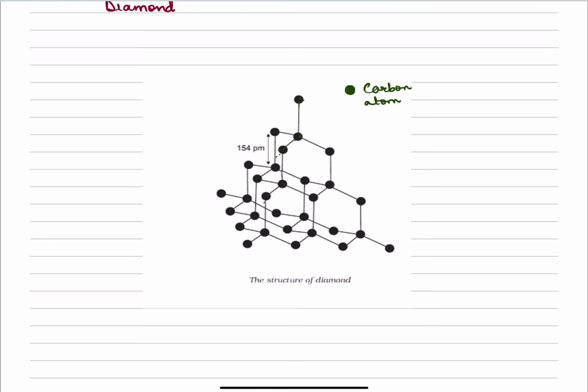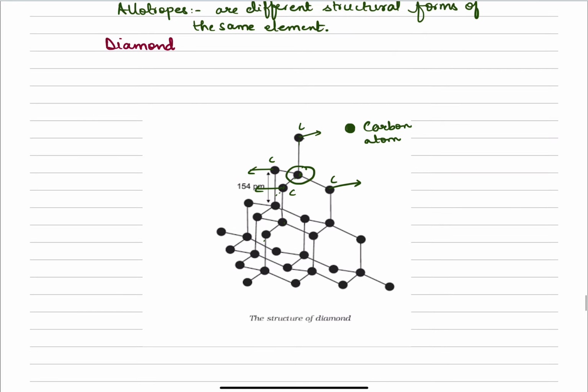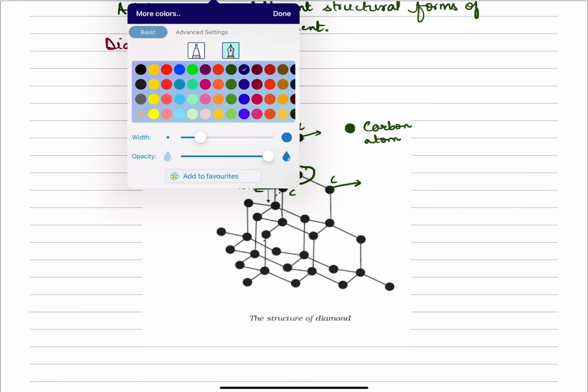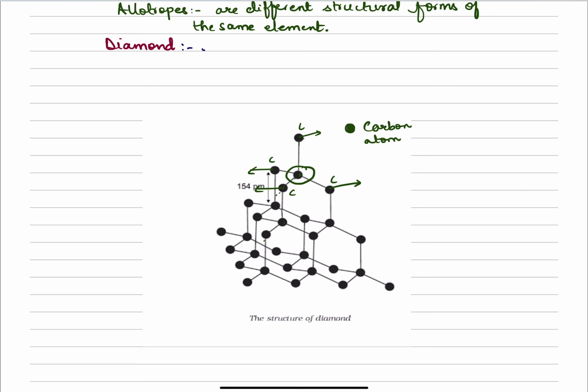If I look at one carbon atom, each carbon atom in diamond is covalently bonded to 4 other carbon atoms: 1, 2, 3, 4. So if I have to define the structure of diamond, I would say that diamond is a giant covalent structure.